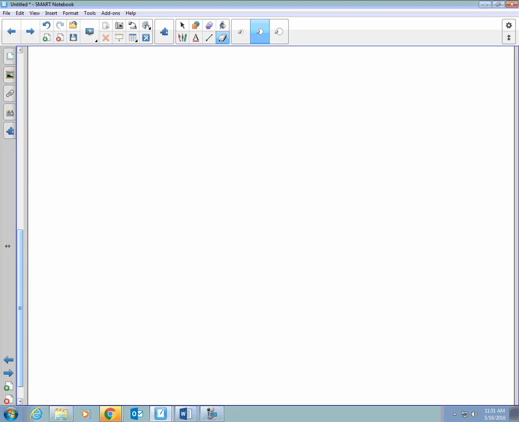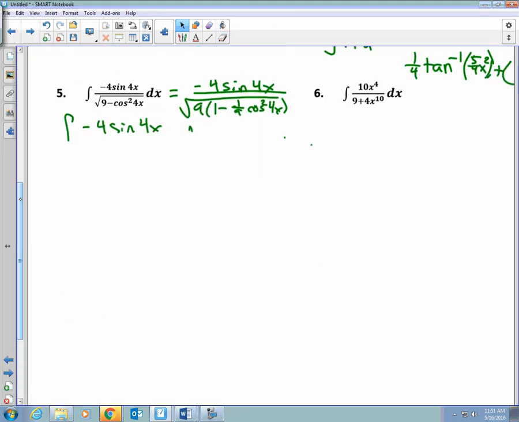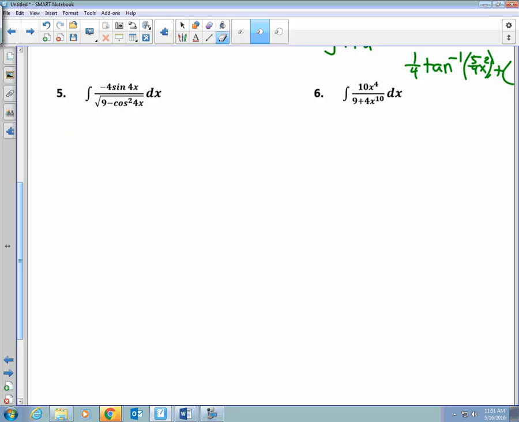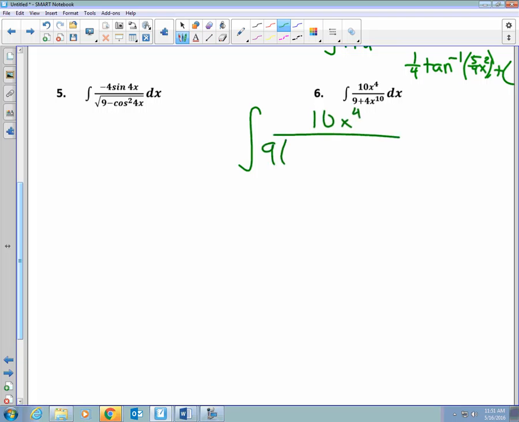Which of the 3 forms does this take on? Tangent, or tangent inverse, or arctangent. So what am I going to factor out of the bottom? 9. The integral of 10 x to the fourth over 9 times 1 plus 4 over 9 x to the 10.